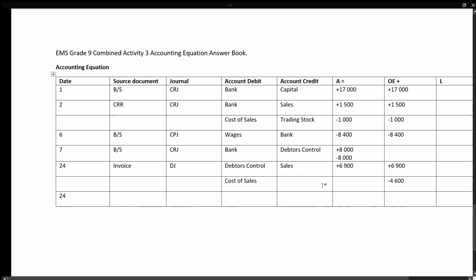And then my trading stock will decrease because the client is taking it home. So my trading stock in my store, which is an asset, will decrease, and assets decrease on the credit side. So minus 4,600 Rand. So minus 4,600 Rand will equal minus 4,600 Rand plus 0. We have done that one correctly as well.